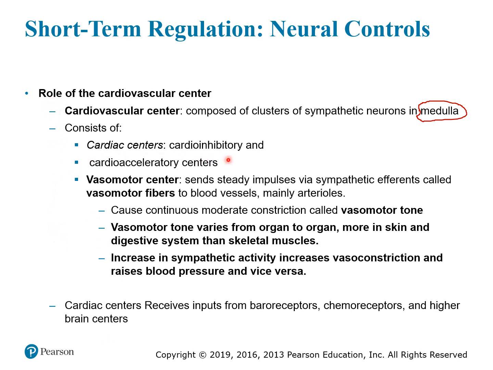The cardio inhibitory center decreases the heart rate. It is parasympathetic, and the parasympathetic uses the vagus nerve. Then the cardio acceleratory center is sympathetic, and its fibers go to the cervical ganglia in the sympathetic chain, and they primarily inhibit the parasympathetic input.